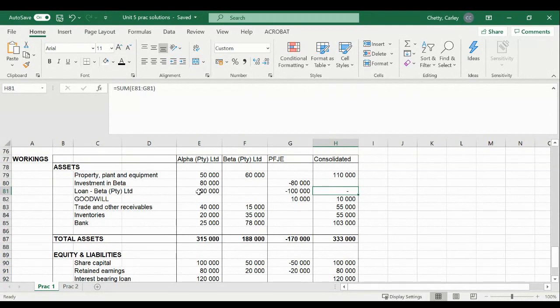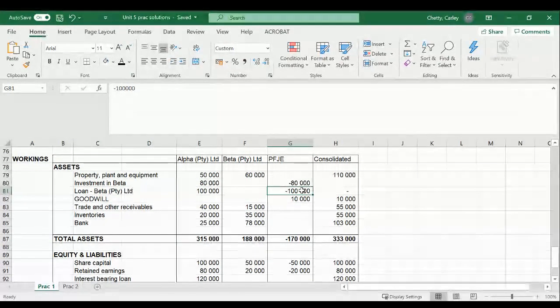Okay, and it's the same with the loan here. In Alpha's separate financial statements, it recorded the loan as an asset because this loan was made to Beta. So Beta owes Alpha 100,000 Rand. In Alpha's separate financial statements, it can show this loan to be received from Beta as 100,000 Rand. However, when we look at the consolidated financial statements, we must remember that we eliminated this when we did the pro forma journal entries.